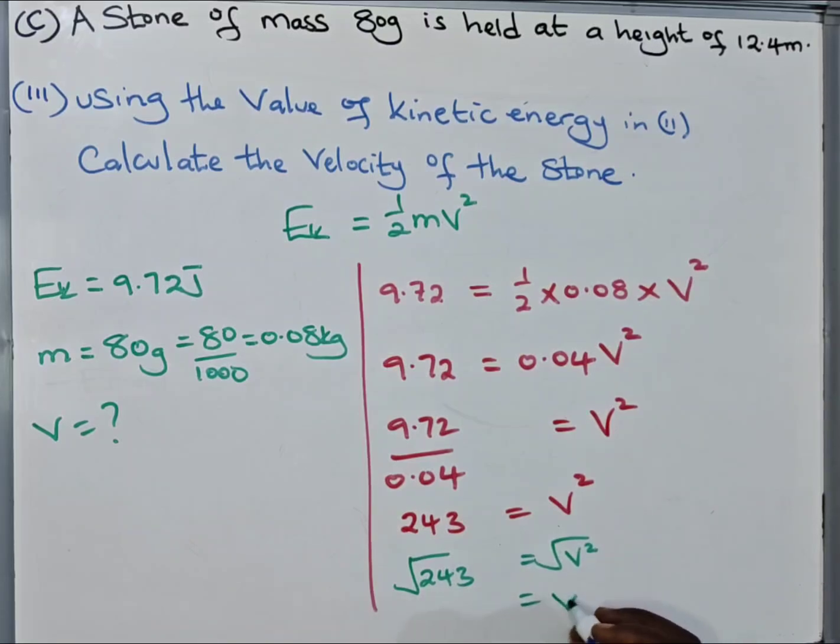This gives us v equals 15.59 meters per second. That's what we have for the velocity of the stone when it hits the ground.